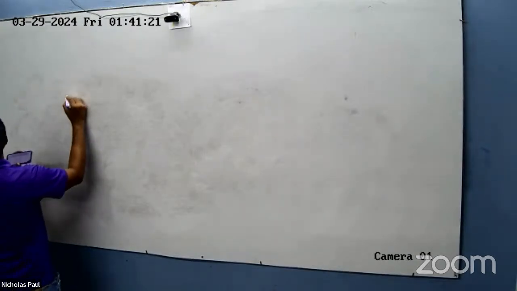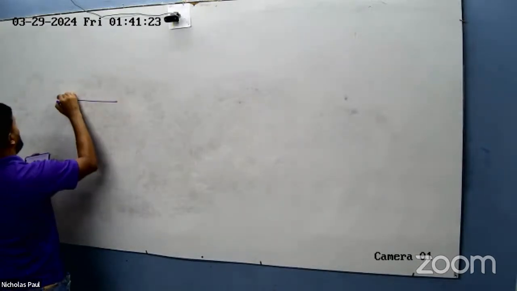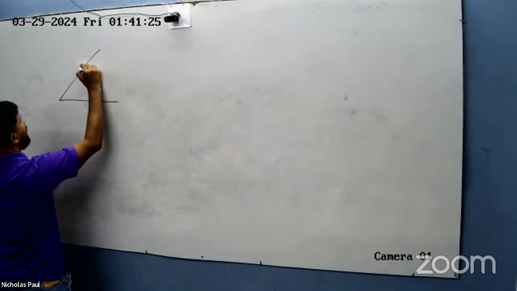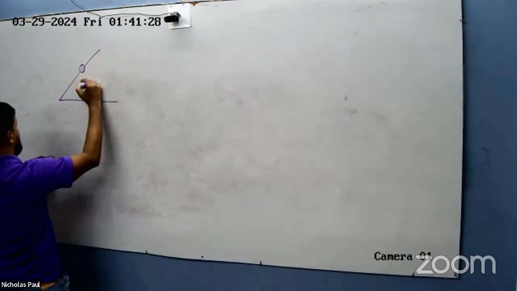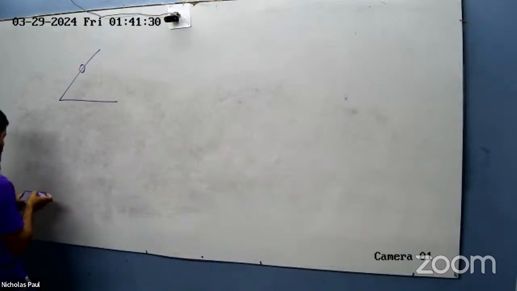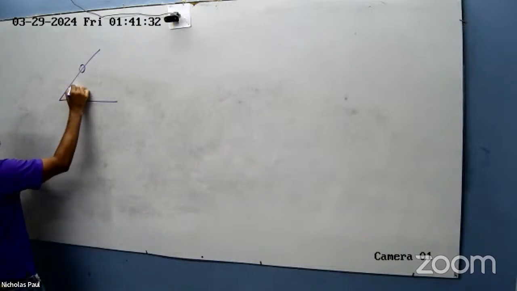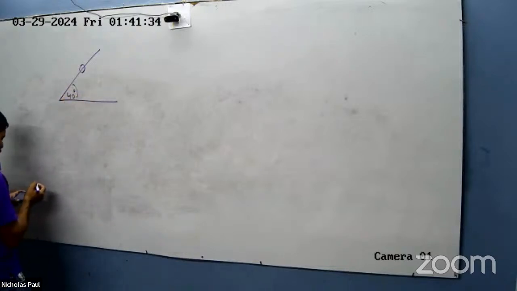So we have our diagram. We have a ring, here is 40 degrees. The diagram shows a fixed rod AB inclined at 40 degrees.